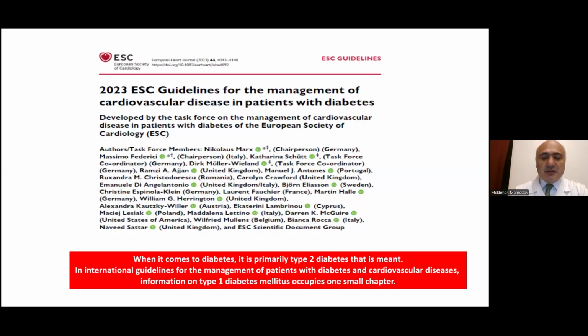This is an independent presentation. When it comes to diabetes, it's primarily type 2 diabetes that is meant. In international guidelines, such as United States and European guidelines for the management of patients with diabetes and cardiovascular diseases, information on type 1 diabetes mellitus occupies one small chapter.